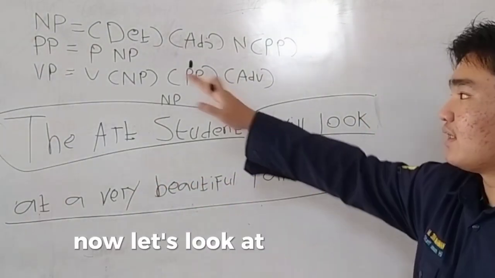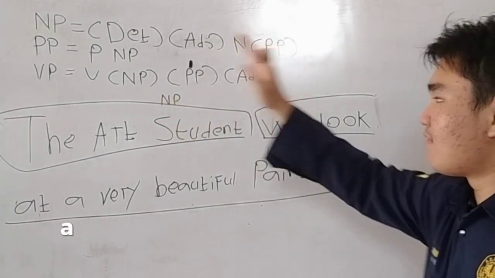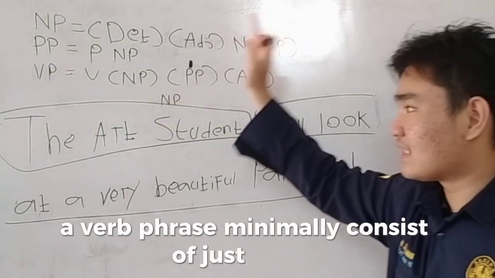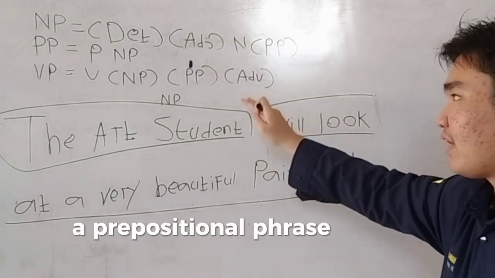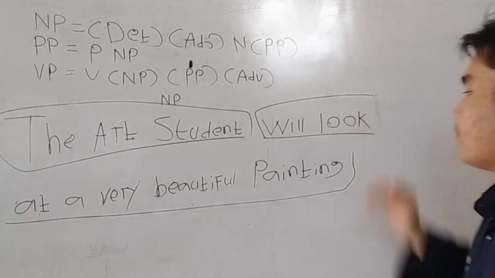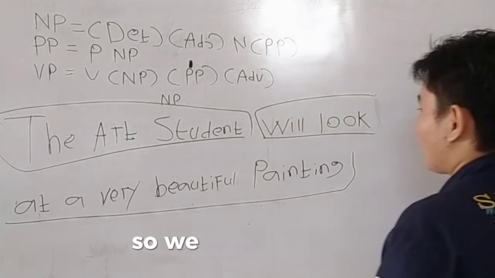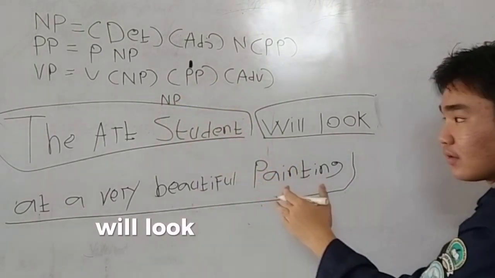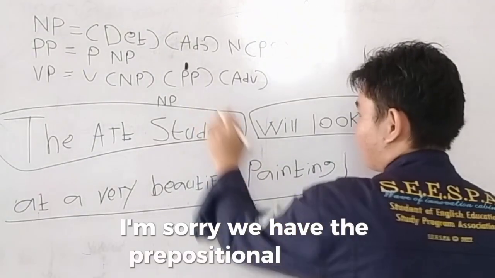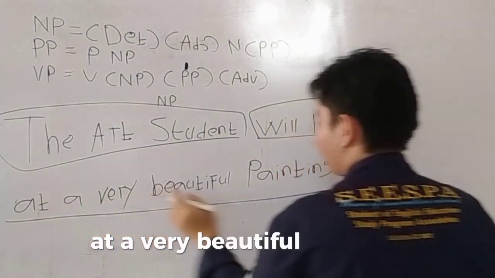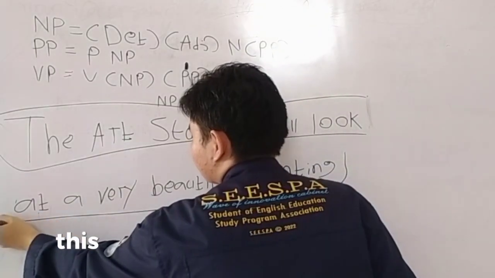Now let's look at the structure. A verb phrase minimally consists of just a verb, or we can add a noun phrase, a prepositional phrase, and an adverb. So we have the verb look, and we have the prepositional phrase at a very beautiful painting.